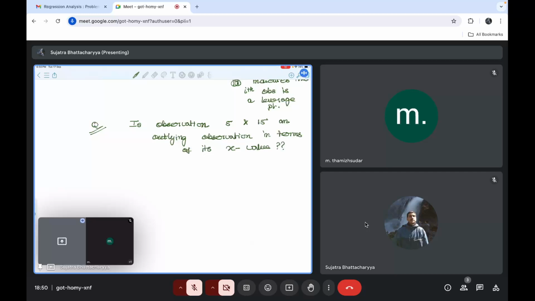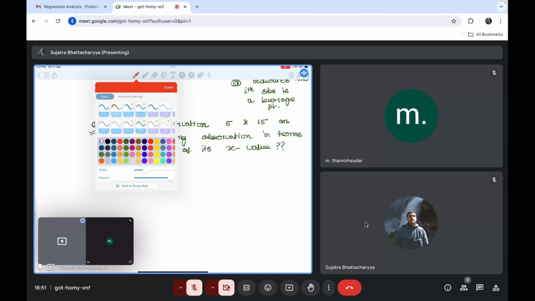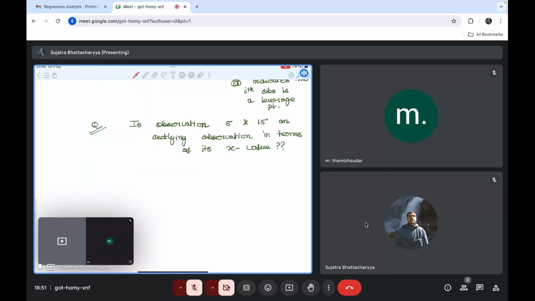Okay. So they are talking about observation 5 and 15. Of which question? The question which we have seen in the week 7 assignment. So just look at this question and try to understand that they are asking whether the 5th and 15th observations are outlying observations in terms of their x value.